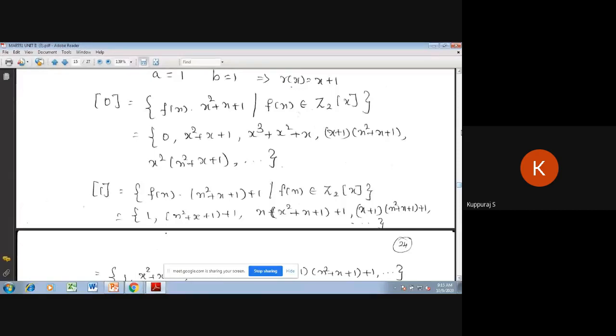If you take f of x as 1, then 1 into x square plus x plus 1, that is x square plus x plus 1, plus 1. If you take f of x as x, then x into x square plus x plus 1, plus 1. If you take f of x as x plus 1, you get x plus 1 into x square plus x plus 1, plus 1, and so on up to infinity.